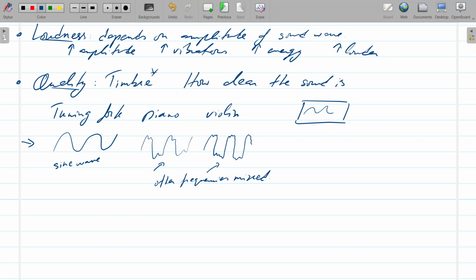It's not mixed with something else. Other than a tuning fork and an electronic signal generator, there are no devices that produce really high quality, clean, or pure sound.